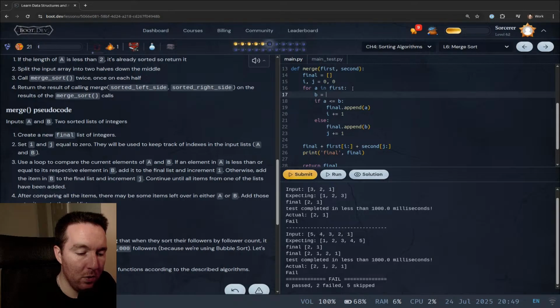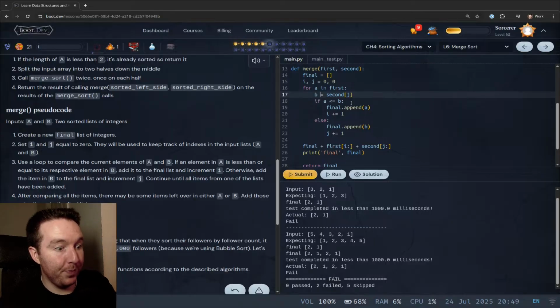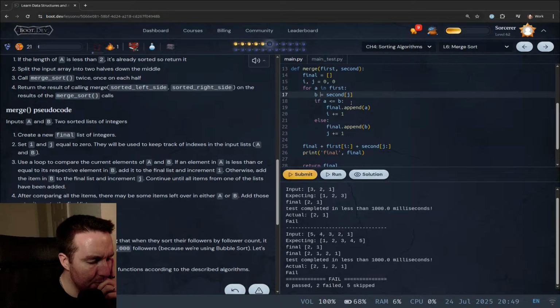So then B equals second dot j, right? It's less than or equal to.